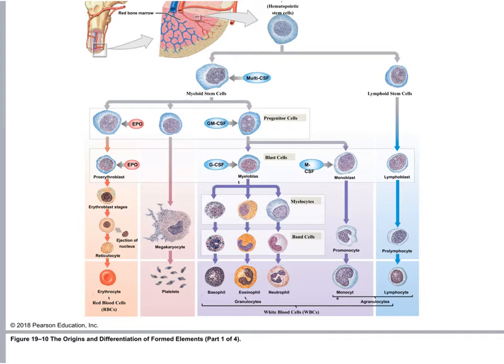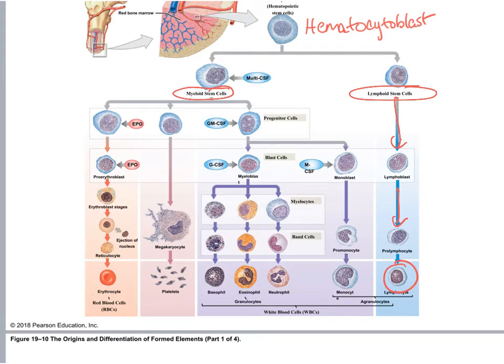Hemocytoblasts are these omnipotent cells that divide to produce two other stem cells. The hemocytoblast cells, which are stem cells, can produce myeloid stem cells, and they can also produce lymphoid stem cells. The lymphoid stem cells can only produce lymphocytes. That's the only thing that they can produce.